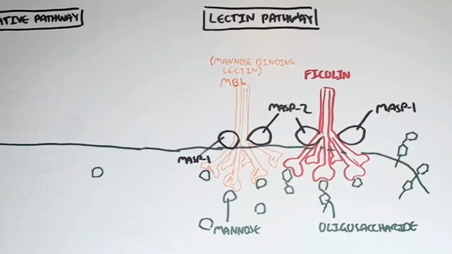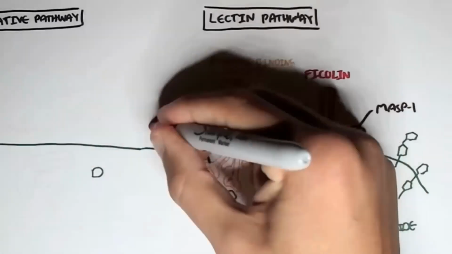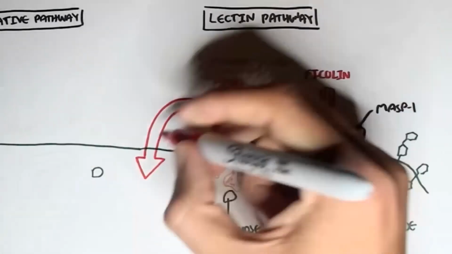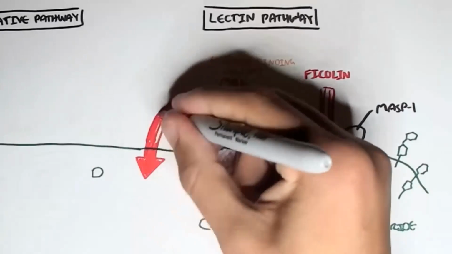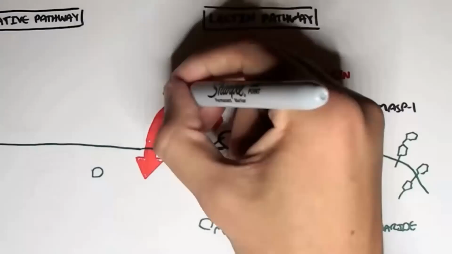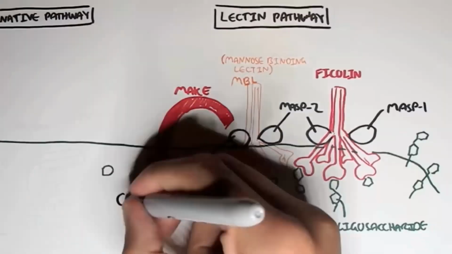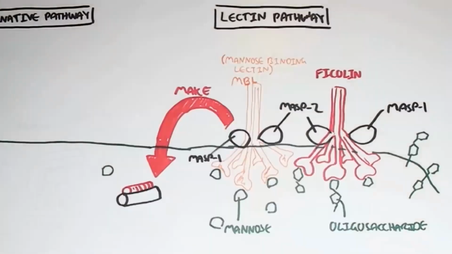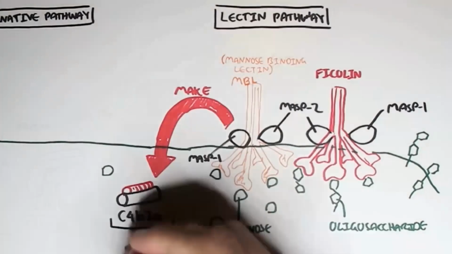Now, essentially, what ficolin and mannose binding lectin do with the mannose-associated serine proteases is that they also form a complement protein complex, exactly the same as the classical one, the C4b2a complex, also known as C3 convertase.